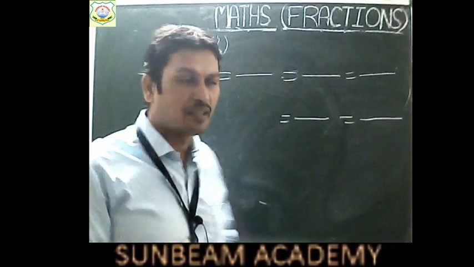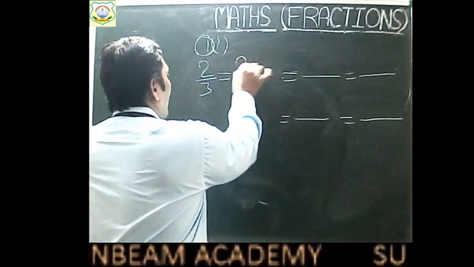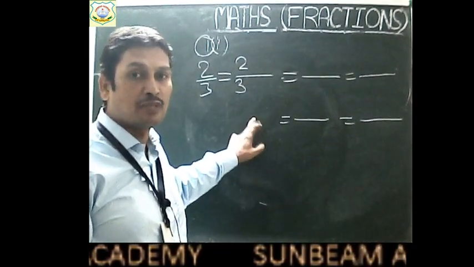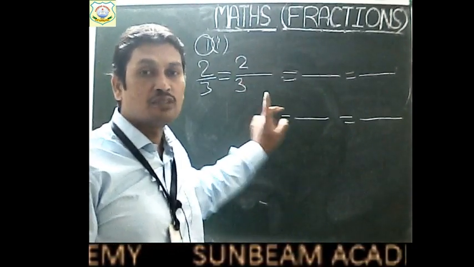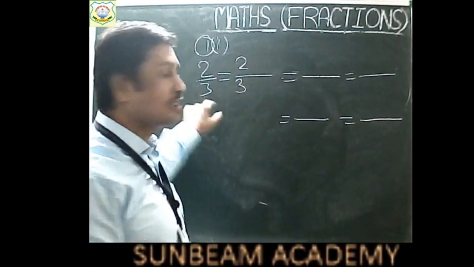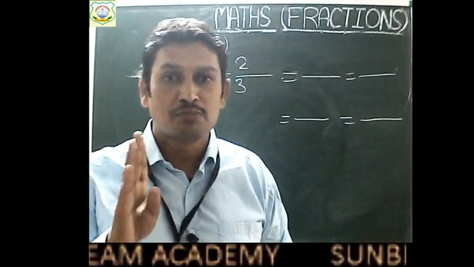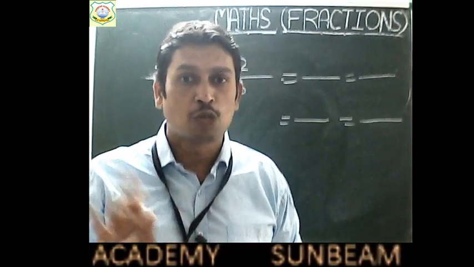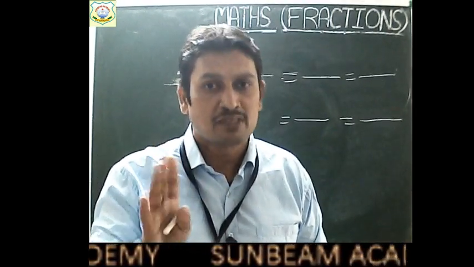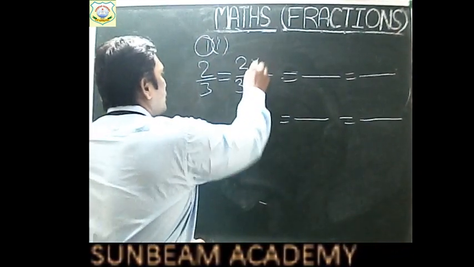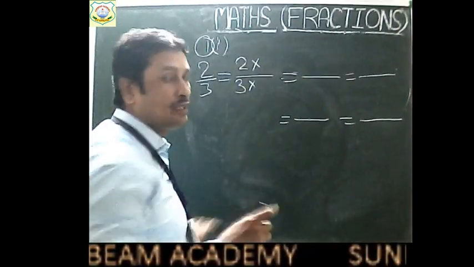How can we find them children? In each case children, to find the first fraction which is equivalent to 2 by 3, we will multiply both numerator and denominator by the same number. 2 by 3 are very small numbers, no children, they are prime numbers, so they cannot be divided by the same number, they have no common factor, so they can be multiplied by the same number. Okay, so we will multiply both 2 and 3 by the same number.